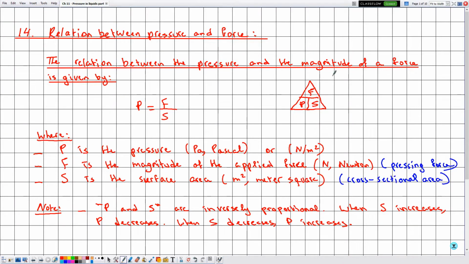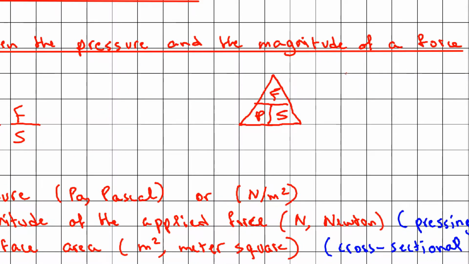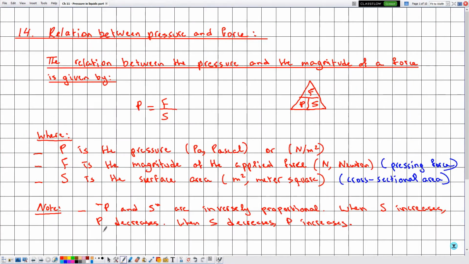Now, as for the relation between P and F, notice that P and F are neighbors living on different floors, so they love each other. Then we can say that P and F are directly proportional, which means that when F increases, P increases as well.